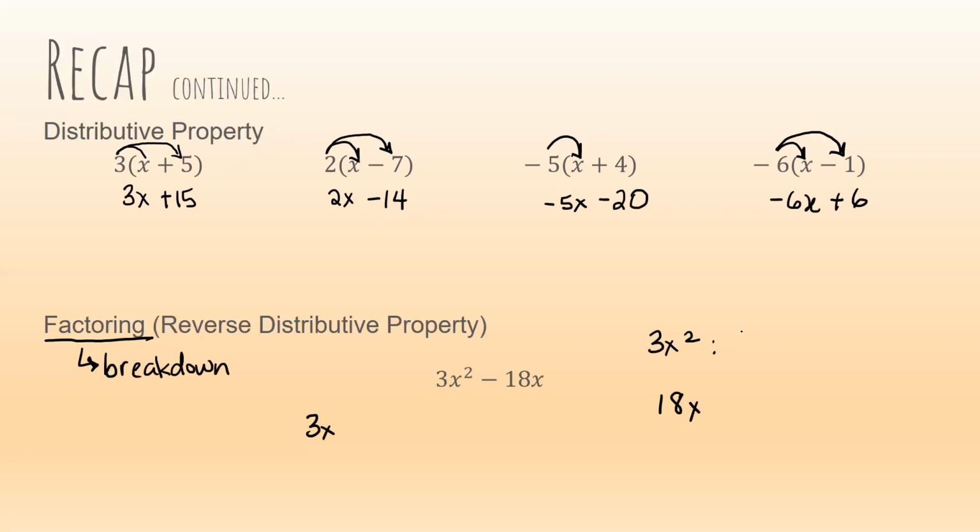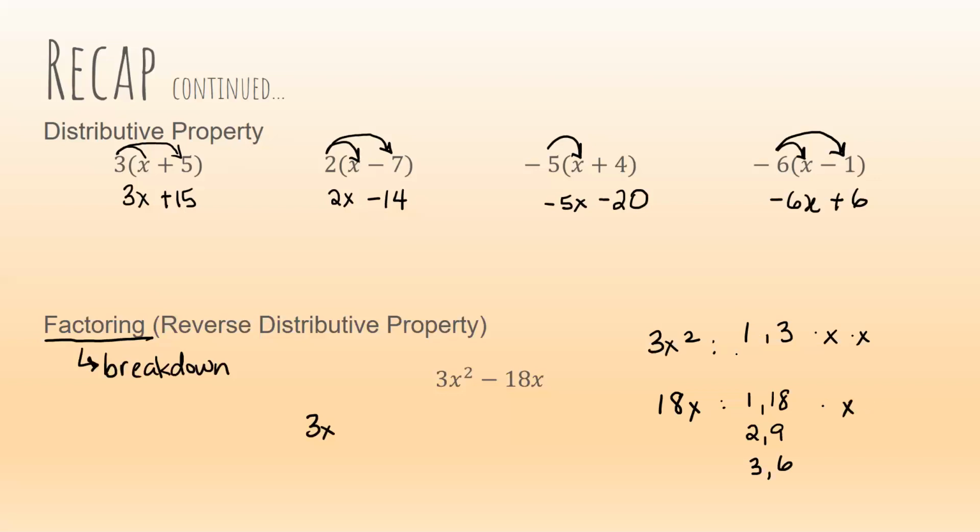If I were to break down 3, that's 1 times 3, and then x squared would be x times x. If I broke down 18, I could have 1 times 18, I could do 2 times 9, I could do 3 times 6, and then I have an x.